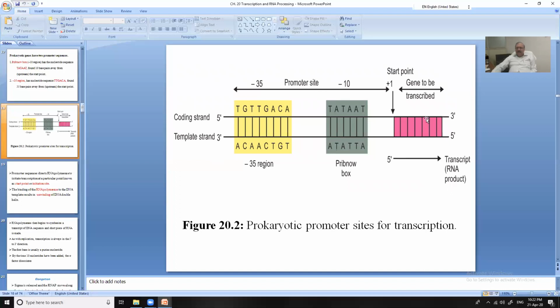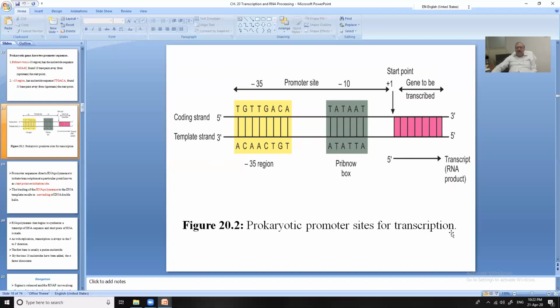Then you will find a gene which has to be transcribed. So RNA polymerase will start functioning here, making the RNA.